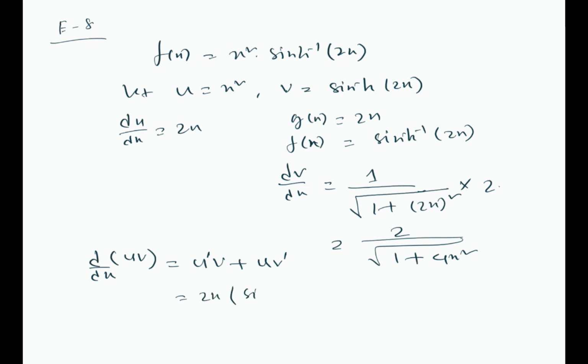What is b? Inverse sine of 2x, right? Then our u, what is u? u is x squared, and then b prime is 2 over 1 plus 4x squared, right? So the final answer would be, yeah, we don't need to simplify it again. So this is fine.